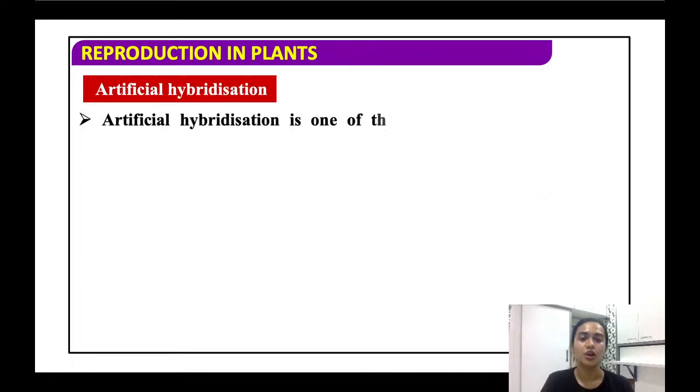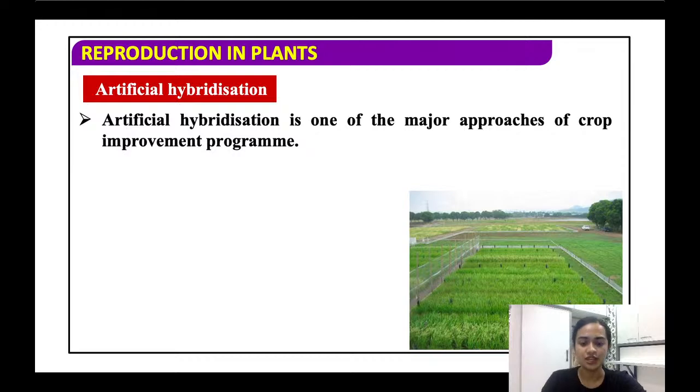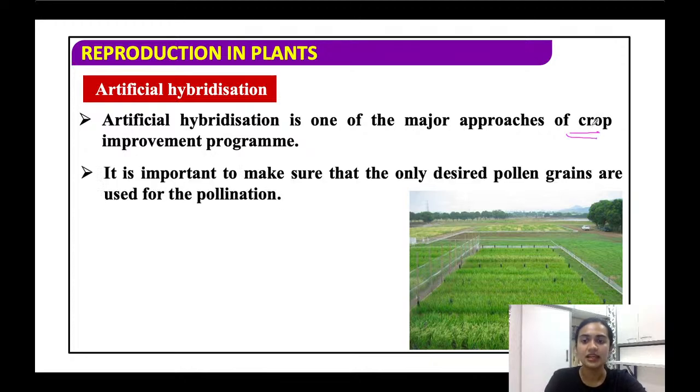Artificial hybridization. What I mean is that artificial hybridization is mainly some processes performed to improve the crops or the conditions of the crops. What happens here is that in an agricultural field, they make sure that only the desired pollen grains, having a very good genetic composition or very good quality, cause the pollination and help the reproduction.